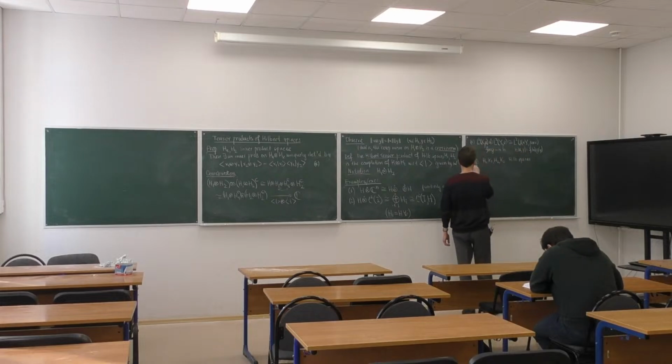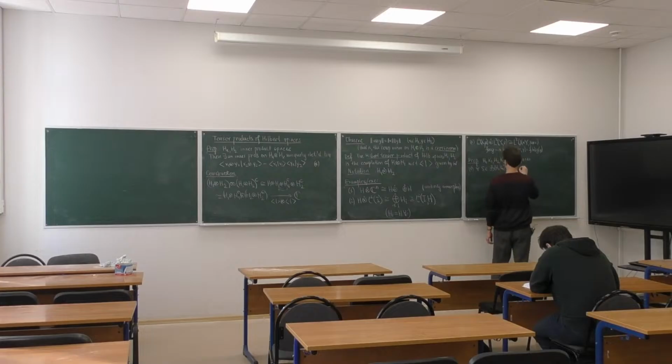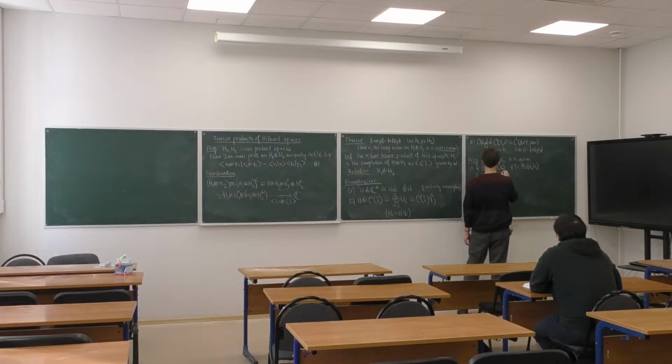Then I claim that if we have a bounded linear operator S, which acts from H1 to K1, and a bounded linear operator T, which acts from H2 to K2, there exists a bounded linear operator, which will be denoted like this.